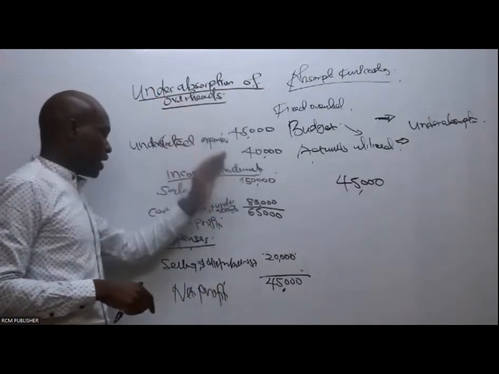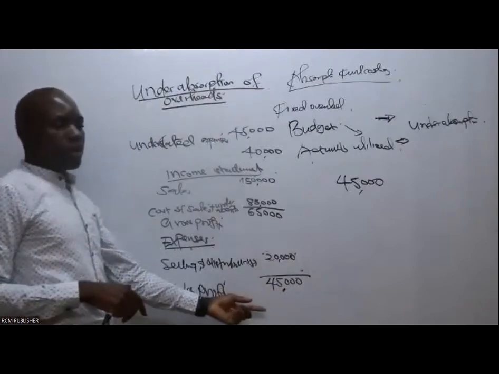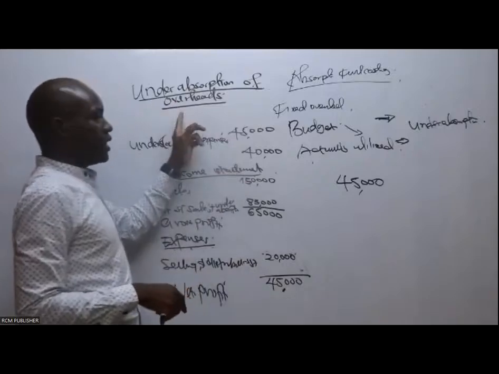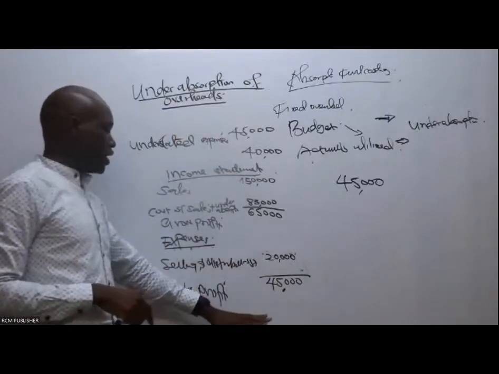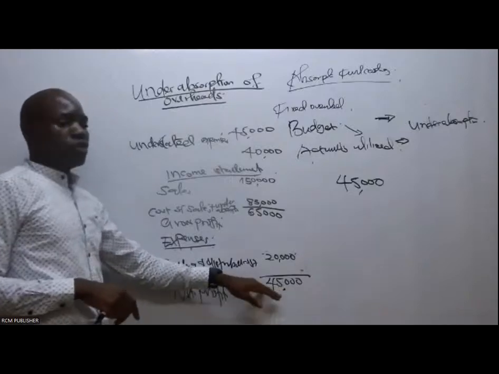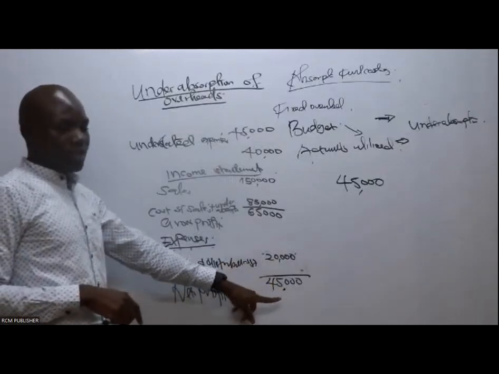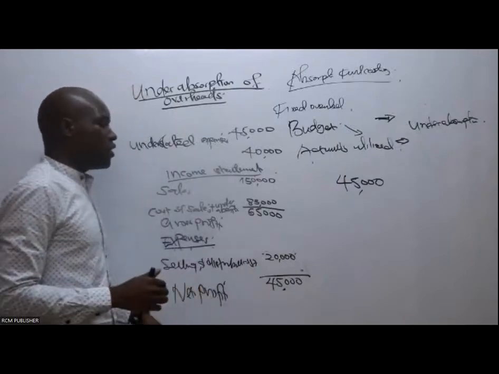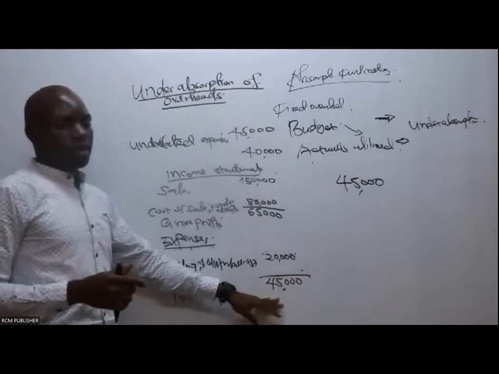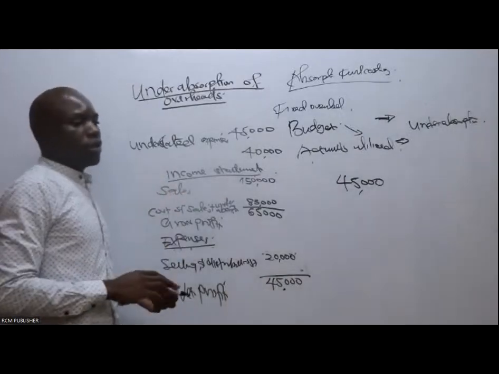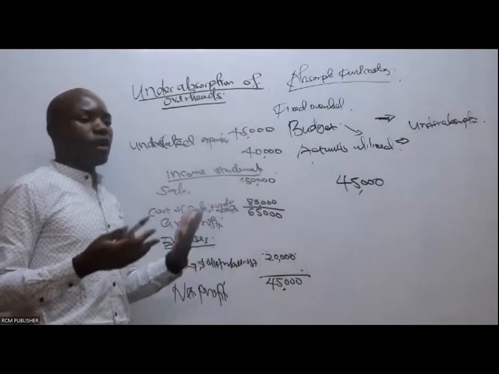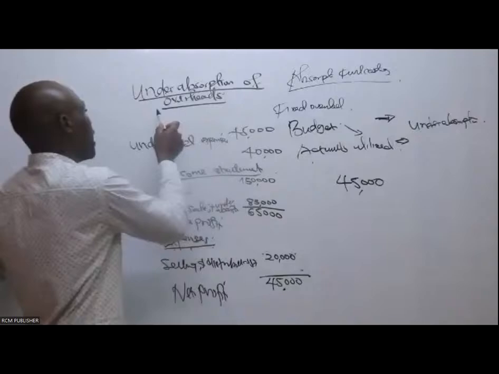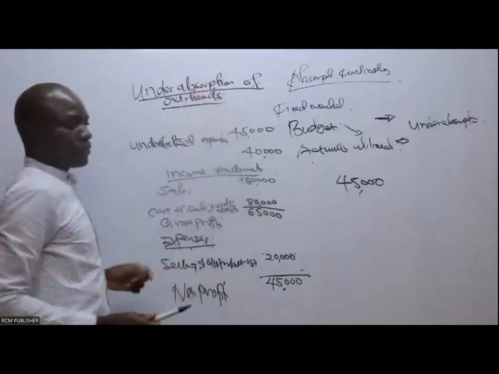But if it was already calculated up to this point, you just know where to put it. If they bring a question under this, you will calculate this one by yourself so that you know how to rectify the mistake. But if it is given, just deduct it or put it at the right place and you get your marks. So as we now move forward, every one of us has now seen how to treat the under absorption of overheads.